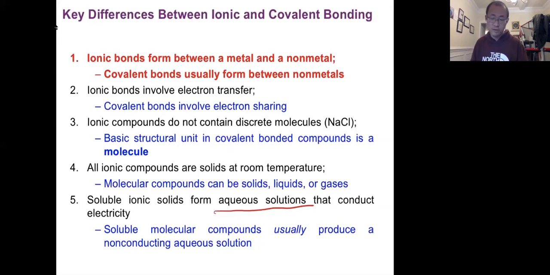Their water solution usually does not conduct. Okay, there are exceptions. So these are a few comparisons between the compounds and models of these two chapters. Again, this serves as a review of chapter 4 and what we're going to learn in chapter 5.